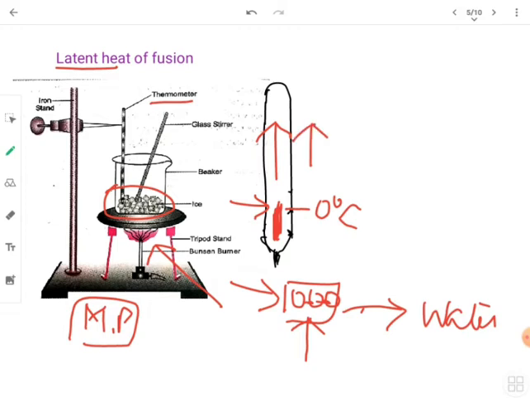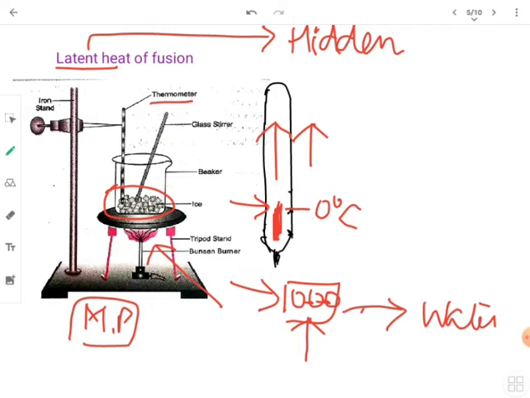So what is this latent heat? Latent heat is that heat which basically goes up to overcome the forces of attraction. Latent in Greek basically means hidden. So we usually say that the heat is getting hidden somewhere, it is not coming out in the form of rising temperature.